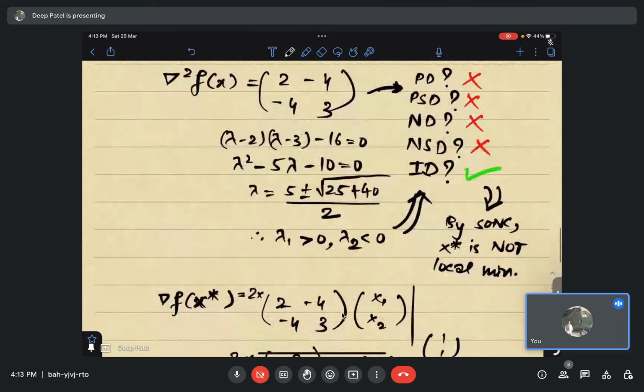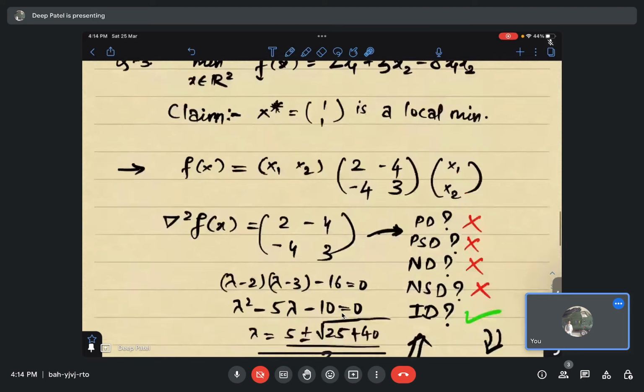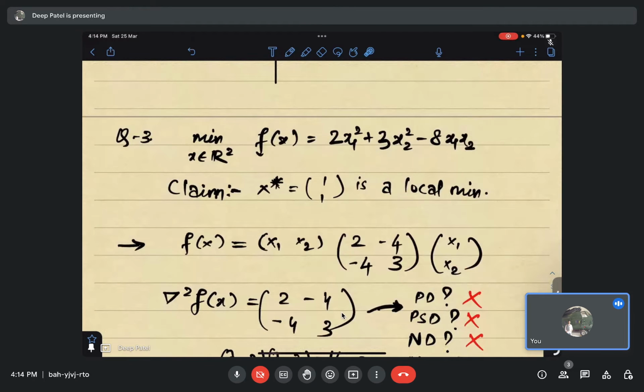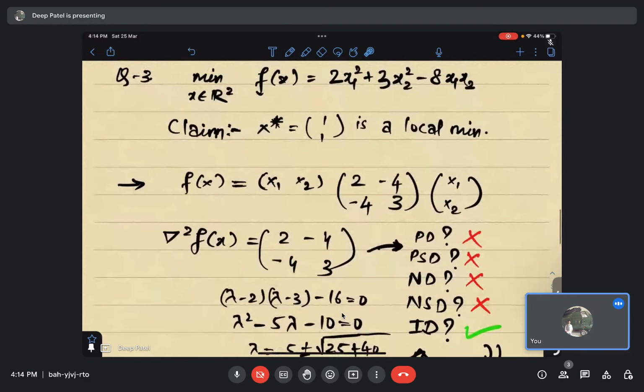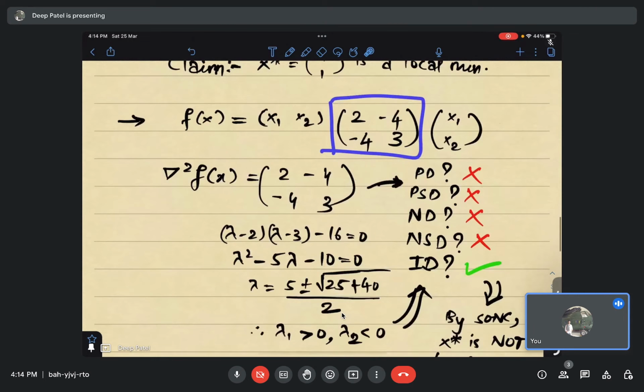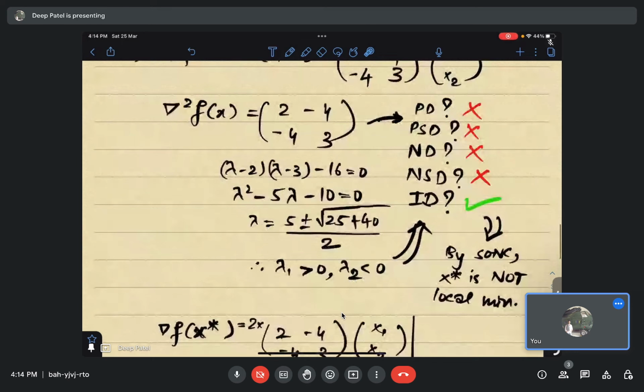This is just to get a bit ahead of ourselves. This is not a positive definite or positive semi-definite matrix, right? So that's not a convex function. It's really a question in disguise about convexity.